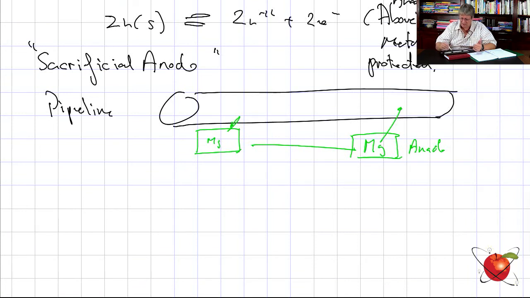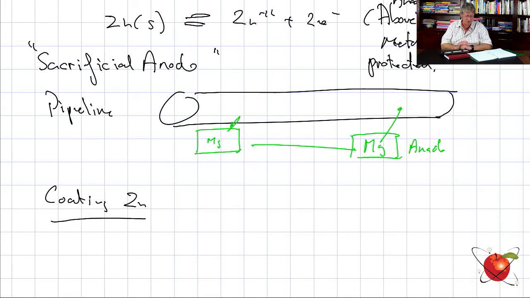So for corrosion protection, you can also put on a coating. Okay, we don't do those calcs. Let's leave that to the chemical engineers. So we can also put on a coating of zinc. Our process is to find something else that is going to corrode first.